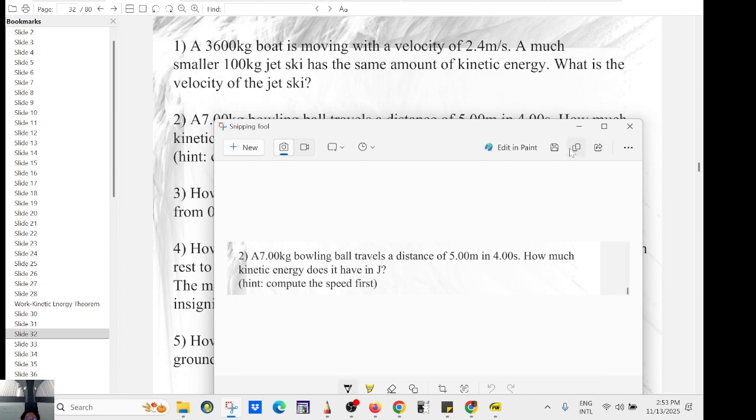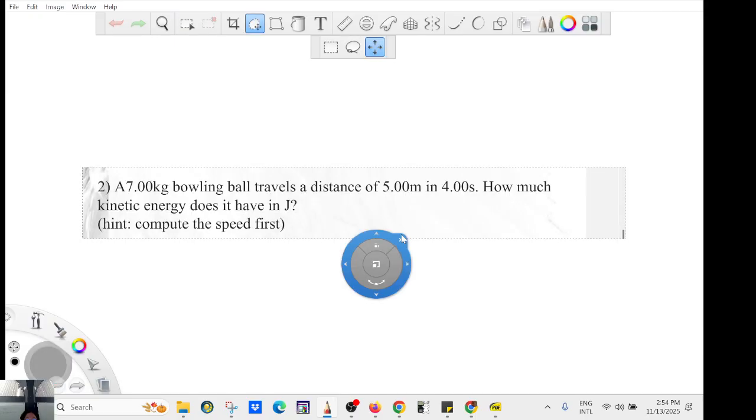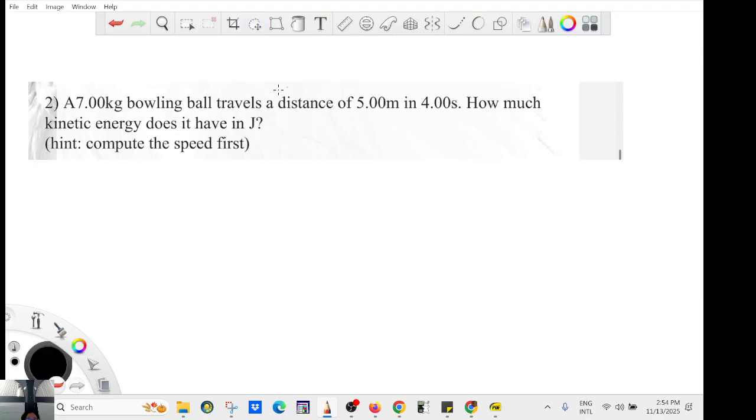Okay, so this one, they like also to mix the units. So you see, you want to find the kinetic energy, which is 0.5, the mass times the speed squared. But they don't give you the speed, but they say it traveled a distance of 5 meters in 4 seconds.